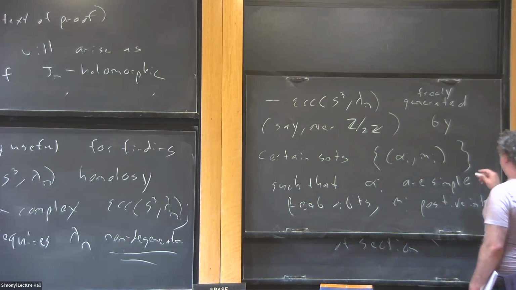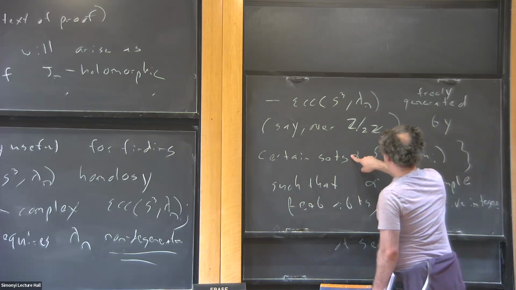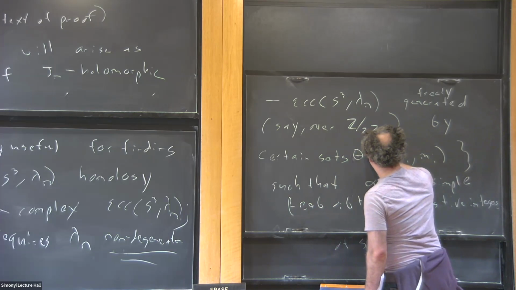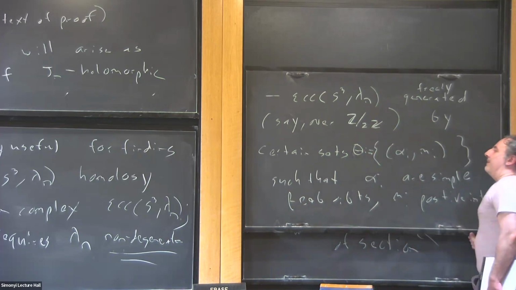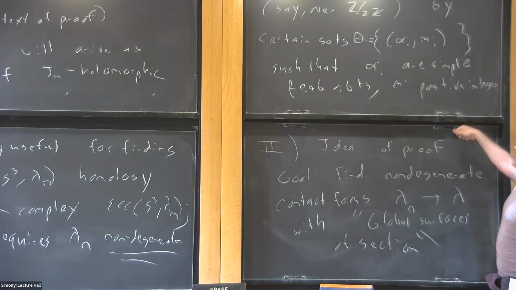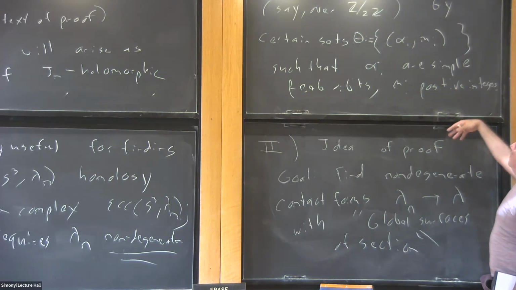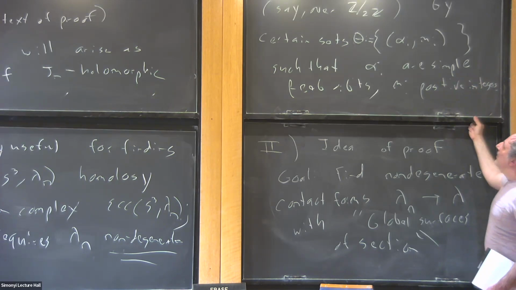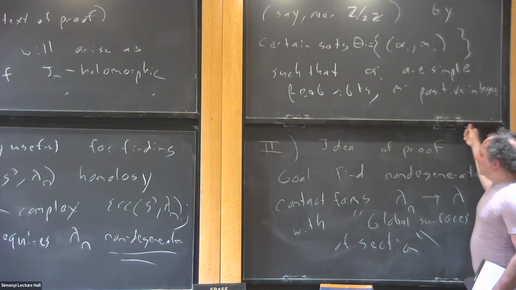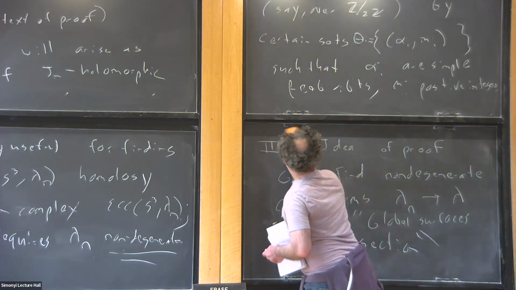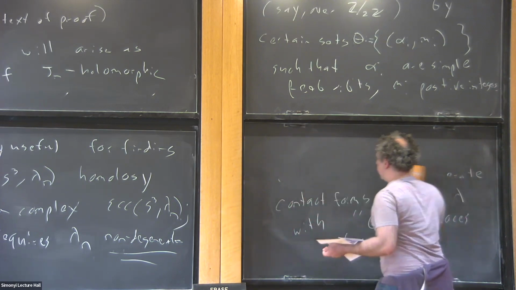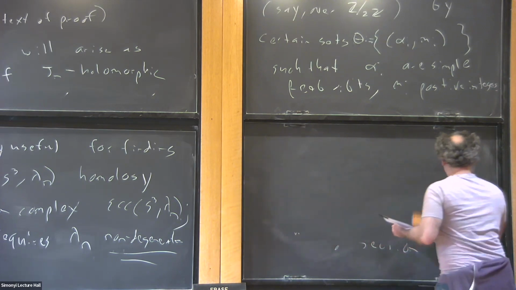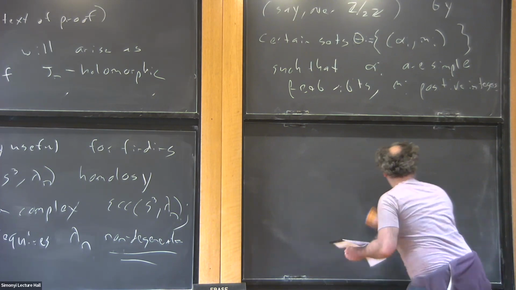I'll call such a thing a big alpha, or maybe a theta. In other words, a generator is a set of distinct simple Reeb orbits together with positive integer multiplicities. You can think of this as your embedded orbit and then the covering multiplicities. I used the word certain because there are some restrictions, but since we're just doing a crash course, I don't really want to get into the restrictions.